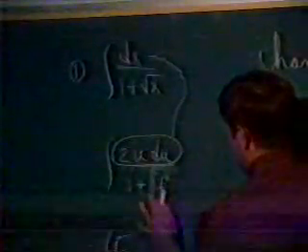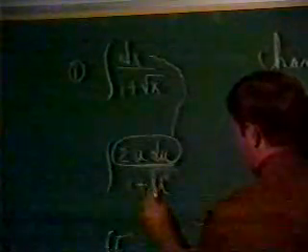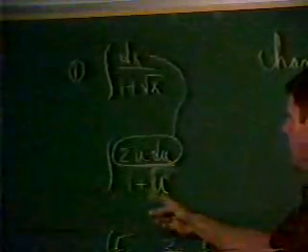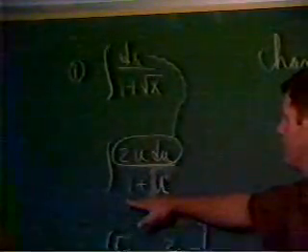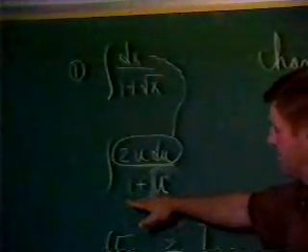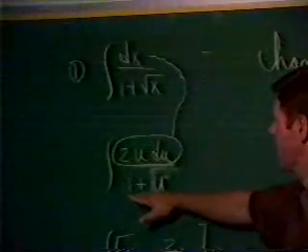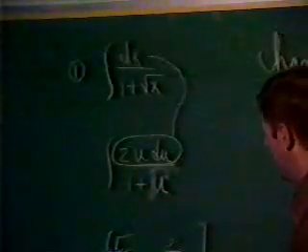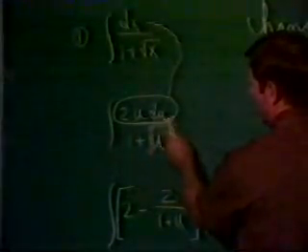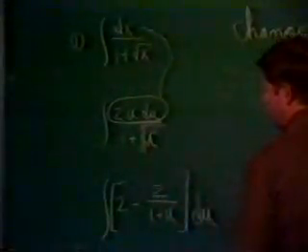And we don't know at this point whether or not we've helped. We theorized that the radical was giving us difficulty, so we tried to rid ourselves of the radical. Hopefully now we have something that we can integrate. So we go ahead and continue. We try to simplify, and this is what we get. We have the integral of 2u du all over 1 plus u.